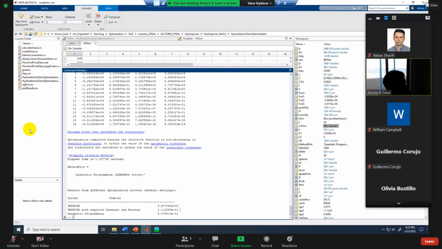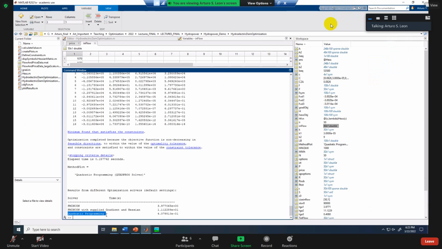If you use quadratic programming, it takes 0.4 seconds. Okay, 0.4 seconds. It's very, very fast. So guys, when we do large-scale optimization, we will not use the first two. We will use simply quadratic programming. Why is that? Because it's much faster.